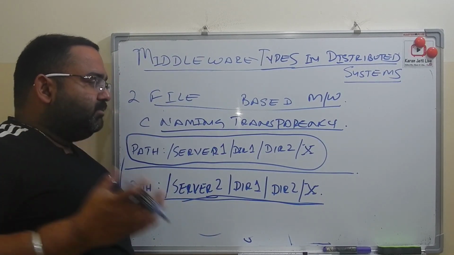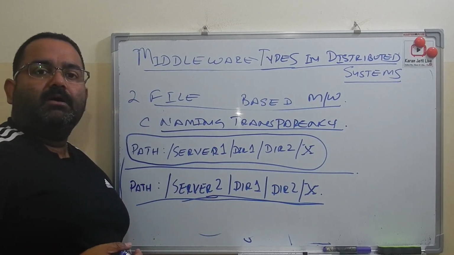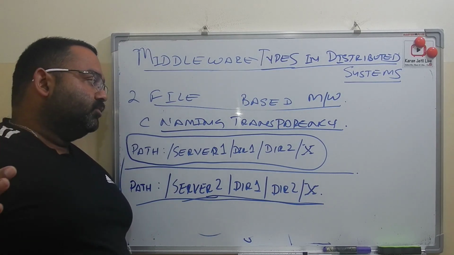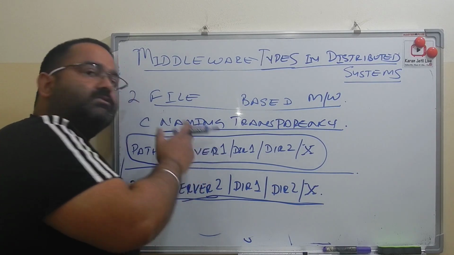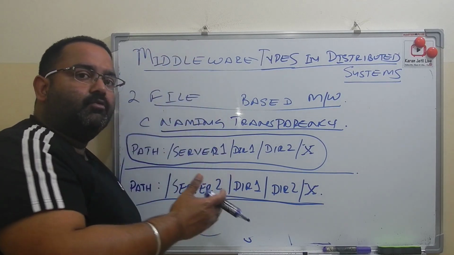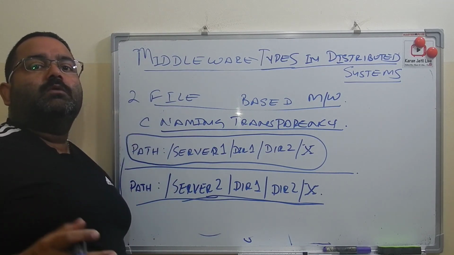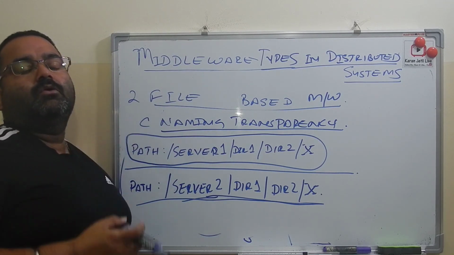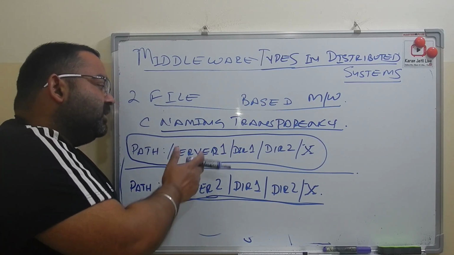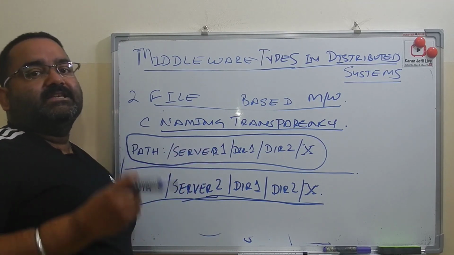So when my path changes, in whatever programs I have used this path, server 1 / directory 1 / directory 2, all those programs will stop working, because the file path has changed.